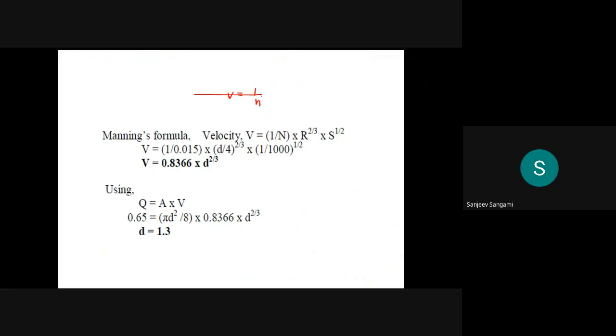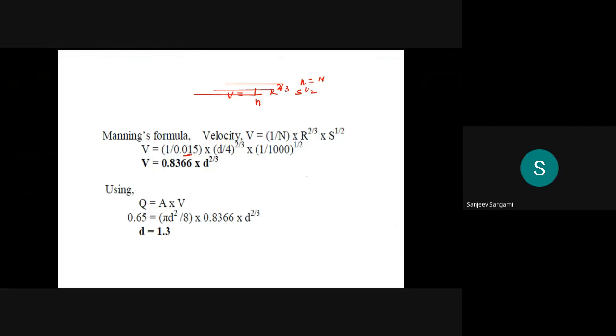In the problem he has taken small n, but both are the same. You can take small n equal to capital N here. So then R to the power 2 by 3, S to the power half. That formula you have to apply. This is the n value.